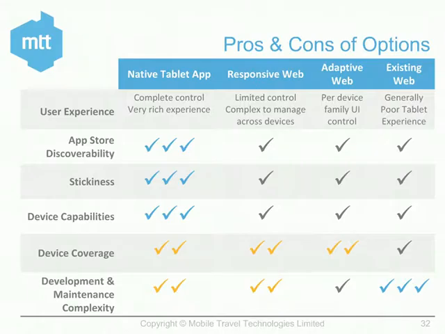Responsive and adaptive web solutions are slightly better, I guess, than using your existing web solution. It's tailoring either dynamically or at build time your website for a tablet. And that has the same kind of issue with App Store discoverability. So you can obviously wrap those responsive websites in a native wrapper and submit it to the App Store. If Apple approve that, which sometimes they won't because they want something unique in their App Store, you get an app in the store that really disappoints users because they go in expecting to download a native application, and they get essentially a website, and they're going to go, well, that was a bit of a bait and switch.